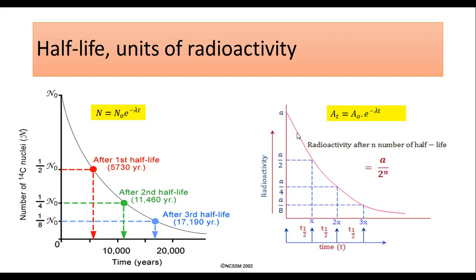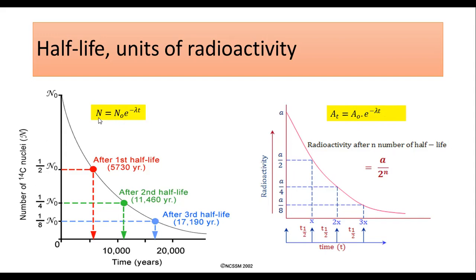This is exponentially going to decrease, and the reason is that there is an exponential relationship between the activity and the time. So this negative sign is going to show you the decreasing, but it is decreasing exponentially.